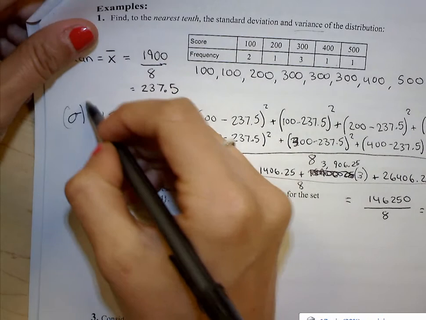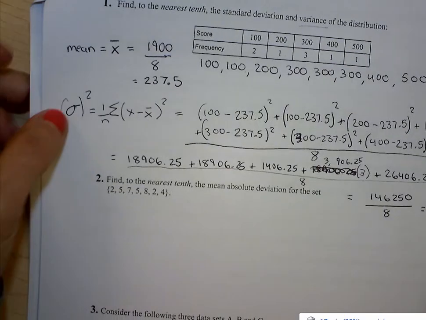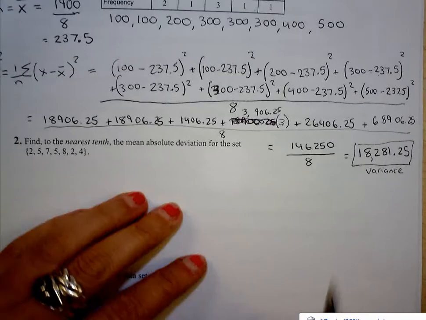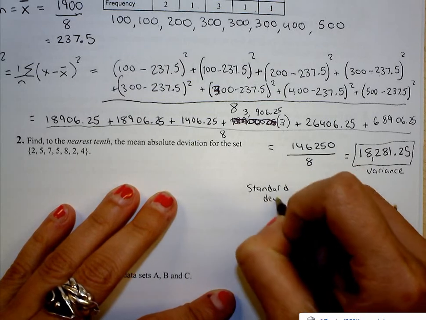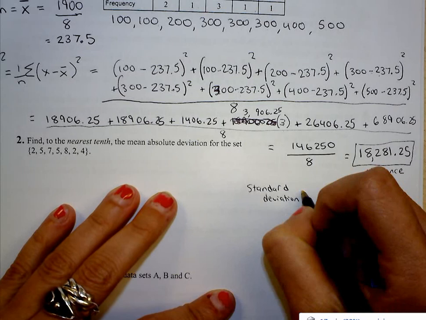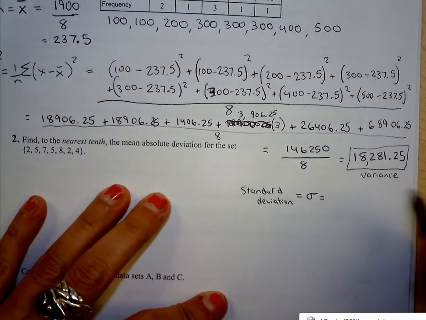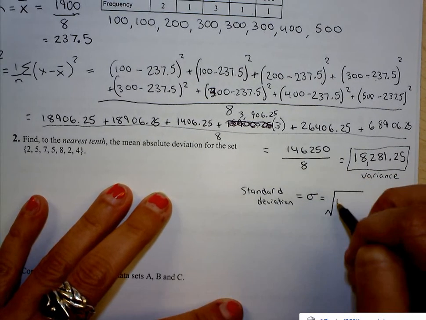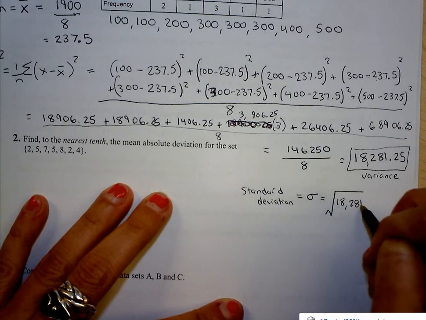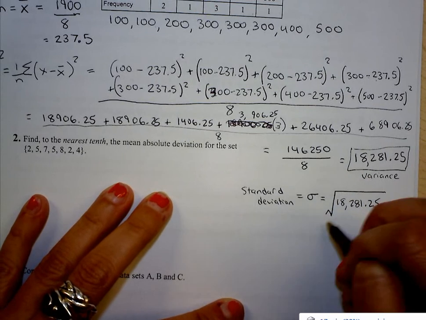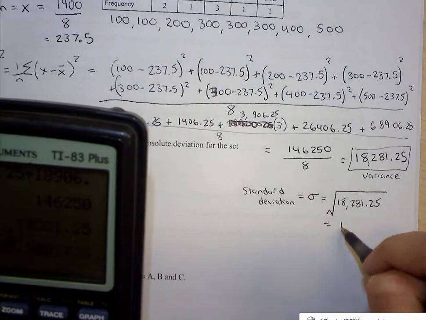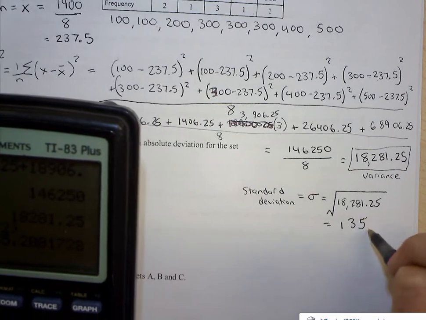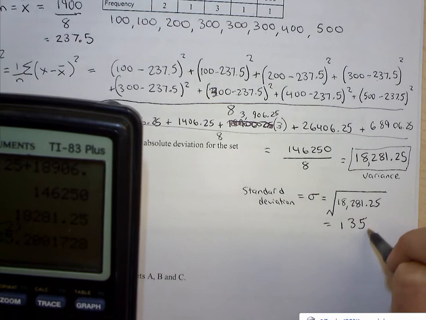This is squared because the variance is squared. So that means my standard deviation is equal to the square root of my variance, which is going to be 135.21.